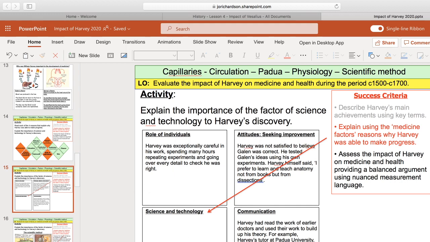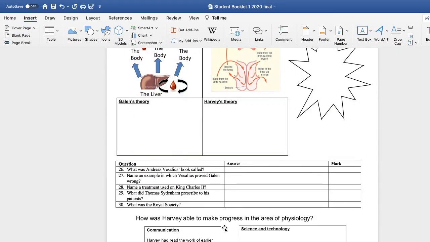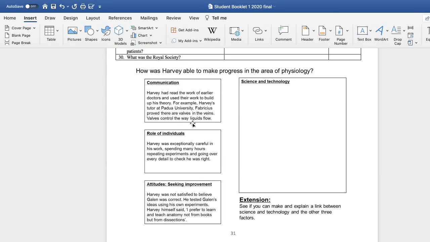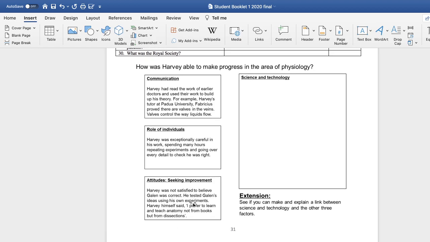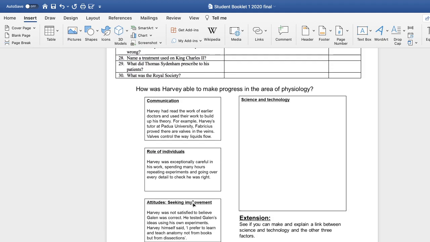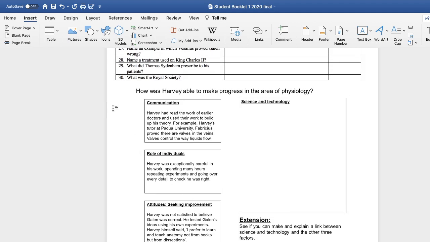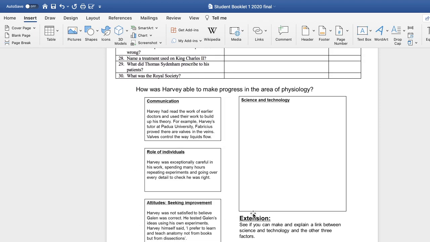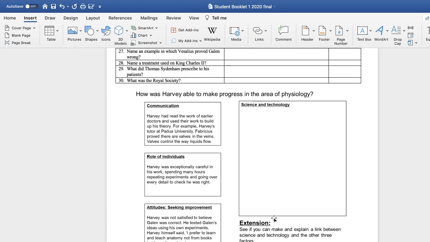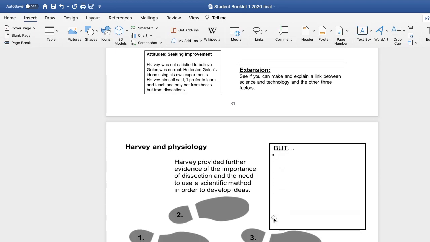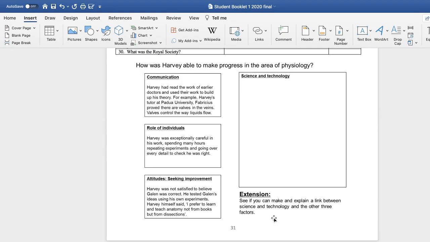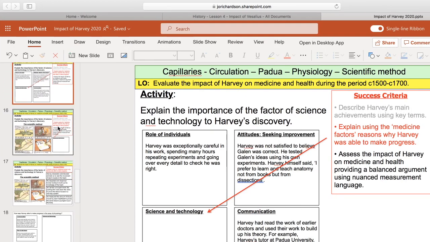What you need to do in your area here is read through those boxes, highlight the key pieces of information, and explain. You could even, if you wanted to, write a summary next to it. And then for science and technology, I want you to also think about how he was able to make progress in that area. And obviously, to understand the science behind it, you will need this.